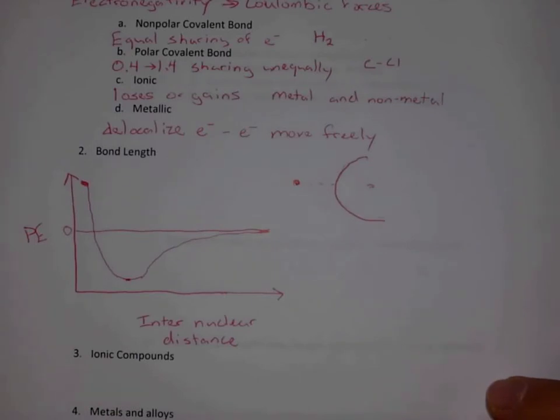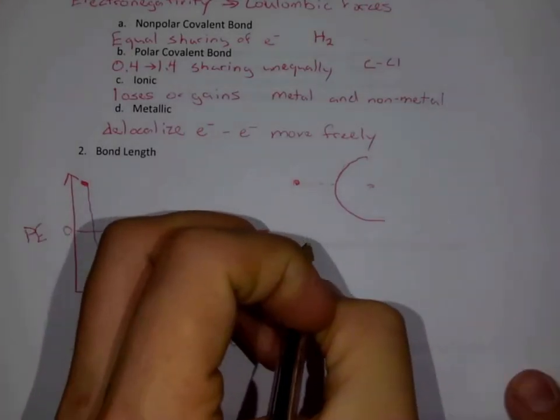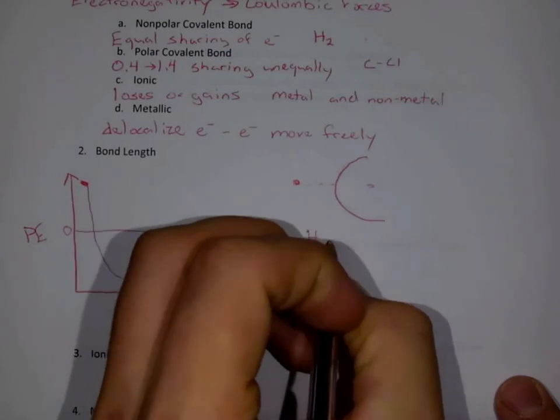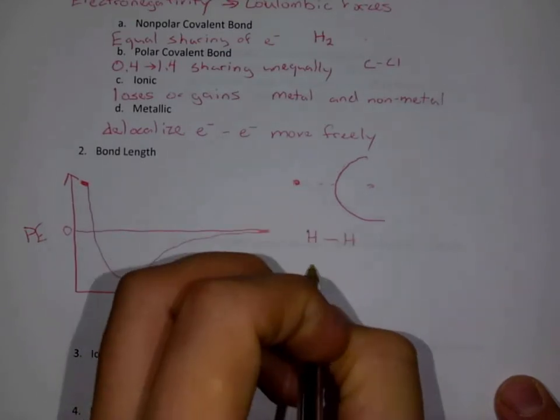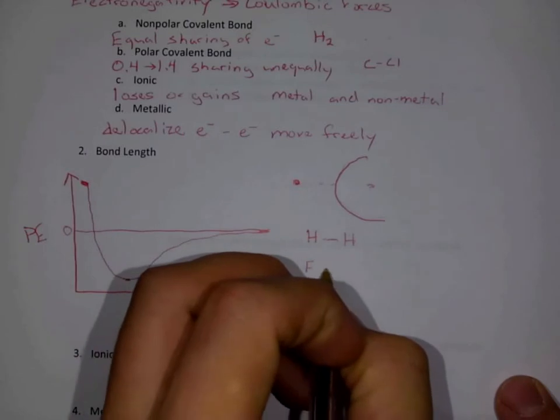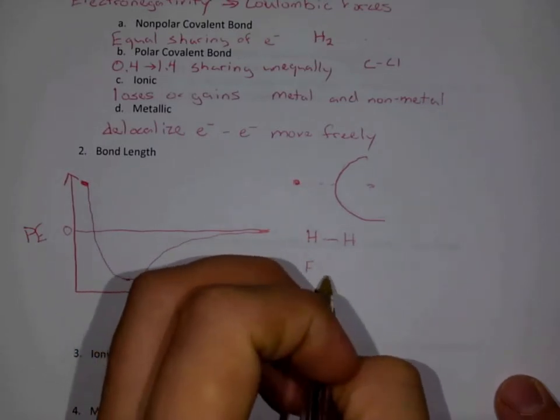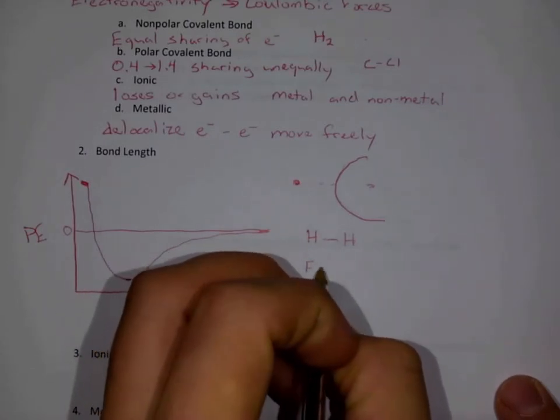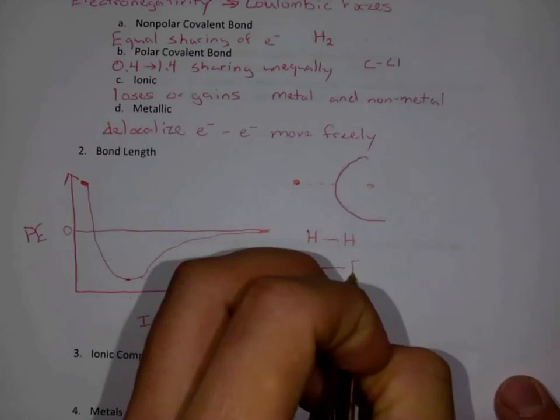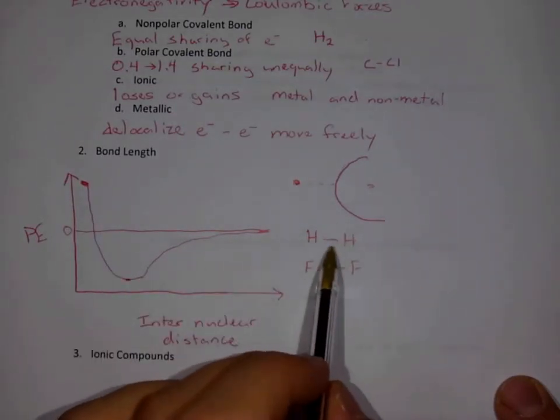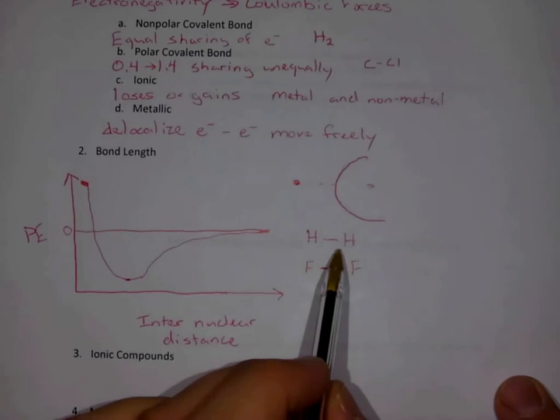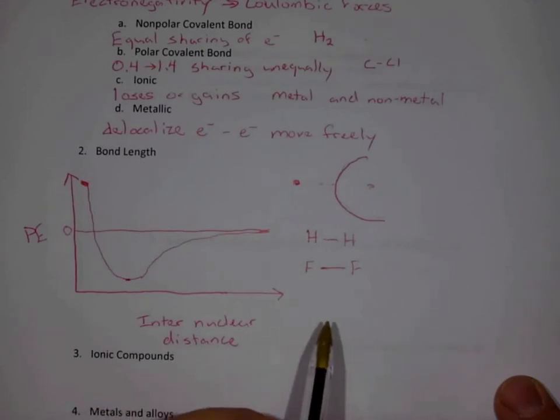Hydrogen is going to be much smaller even than fluorine. Fluorine is real small, but it's larger than hydrogen, so our fluorine would have to be slightly further away than the hydrogen. We would say that the hydrogen bond is going to be shorter than our fluorine-fluorine bond.